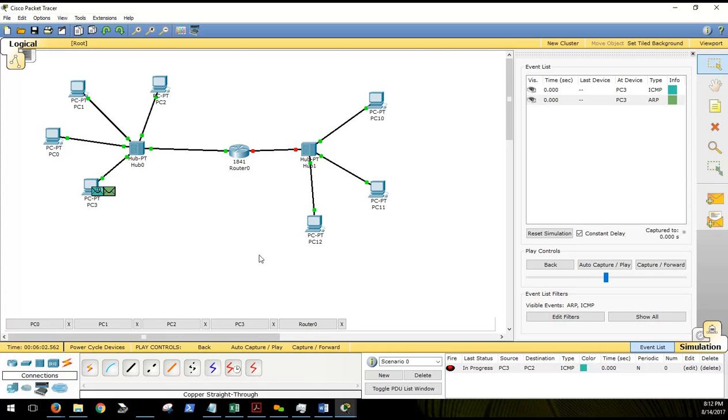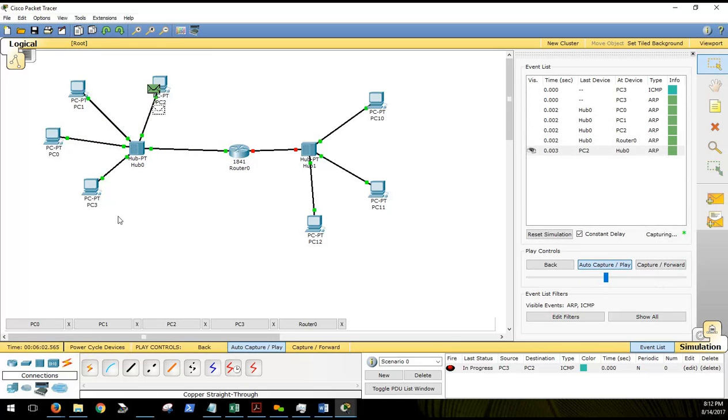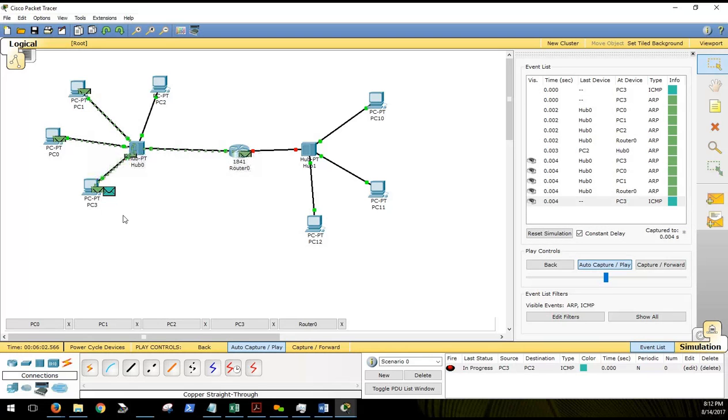I am. Okay. So we're going to do a ping from PC3 to PC2. You watch how this thing acts. It goes to the router, and it also goes to three of the other PCs at the same time.